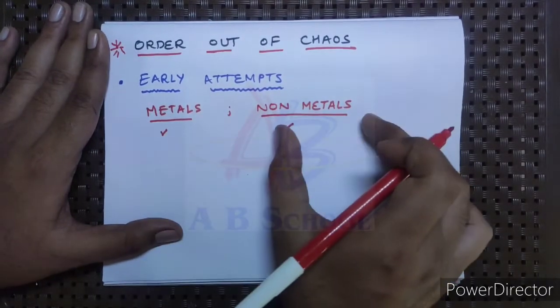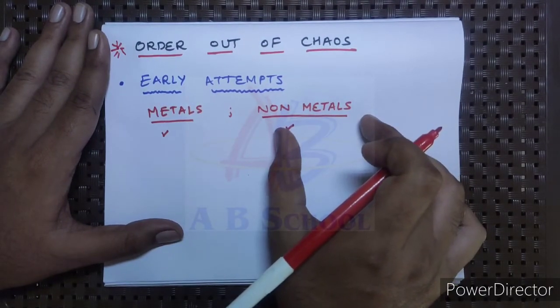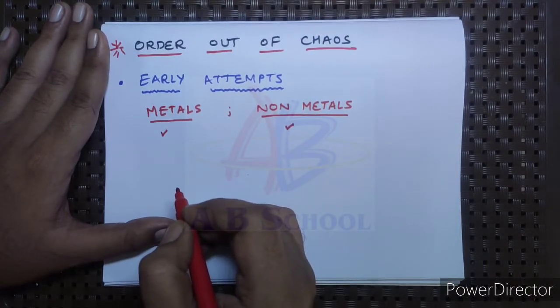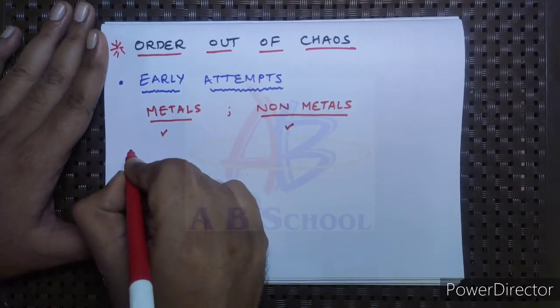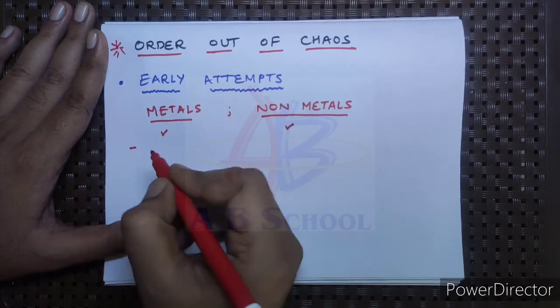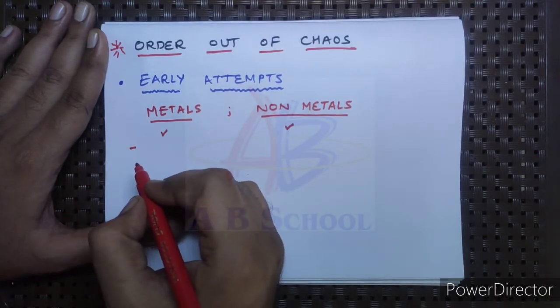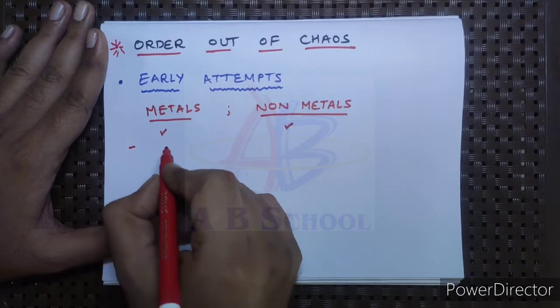But this classification would not be sufficient because later, as you know, we came to know about 118 elements. So different efforts were made by different scientists time and time again to classify elements and to make the study of chemistry easy.